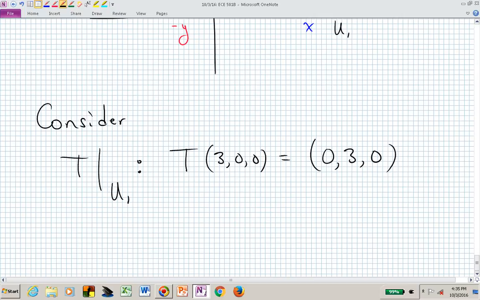So here's a map, T, that you can start in U1 and boom, you end up out of U1. So this linear map is not an operator on U sub 1. It doesn't function as an operator on that one-dimensional subspace, capital U sub 1.